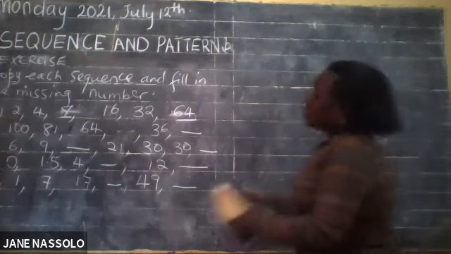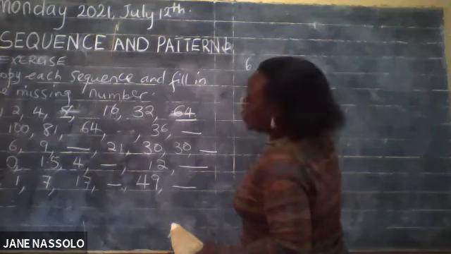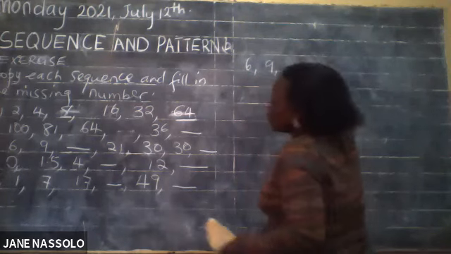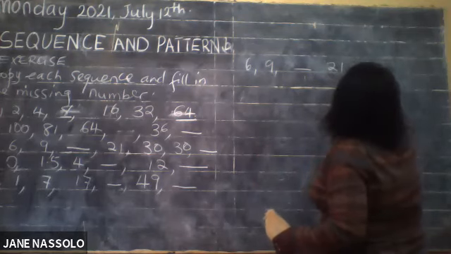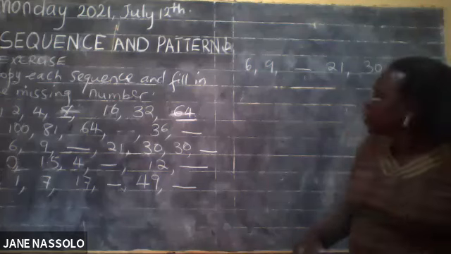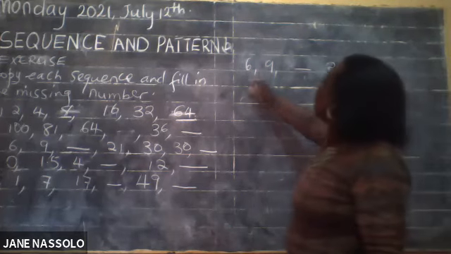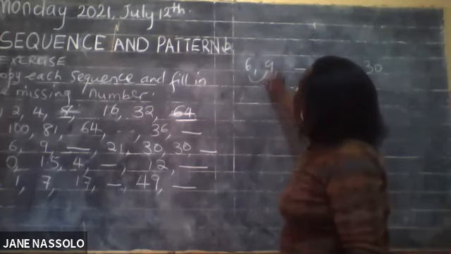We have 6, we have 9, we have a dash, we have 21, we have 30. Probably those can give us a hint. So what do you think is being done here? Adding 3.